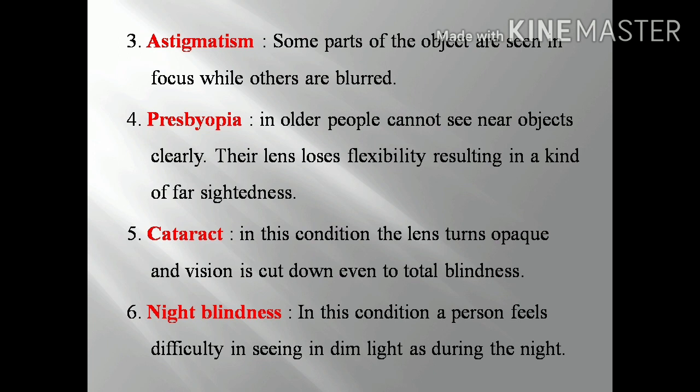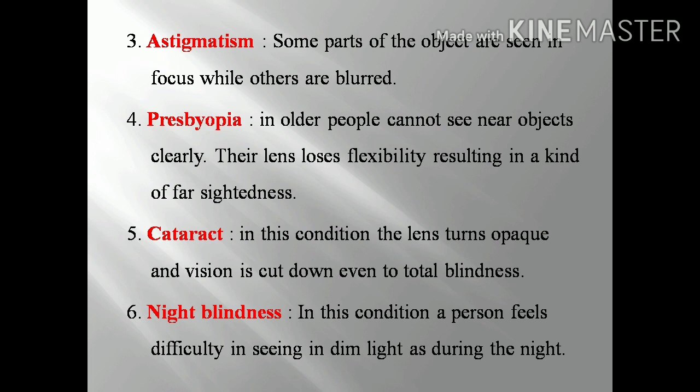So this is due to the non-formation of rhodopsin pigment of the rod cells. You know, in dim light only rods can function. So that's why there is no formation of the rhodopsin pigment, and they cannot see at night. In the absence of the pigment, the rod cells cannot function.